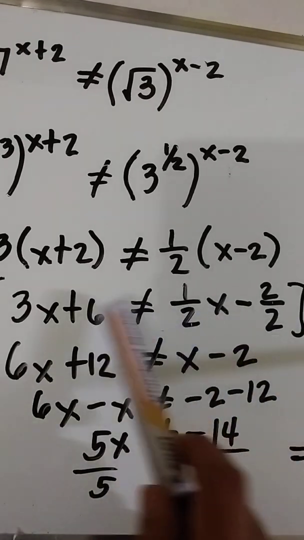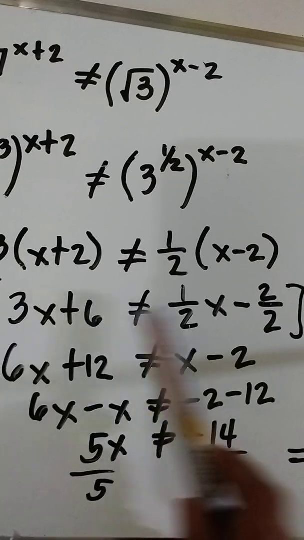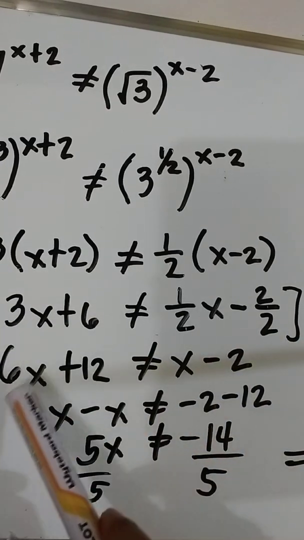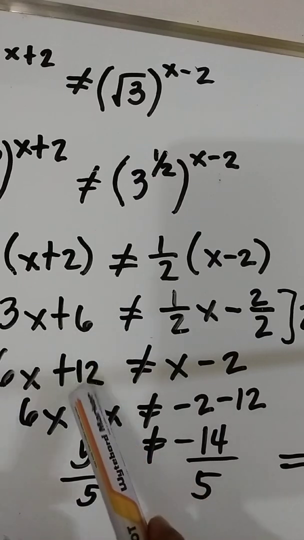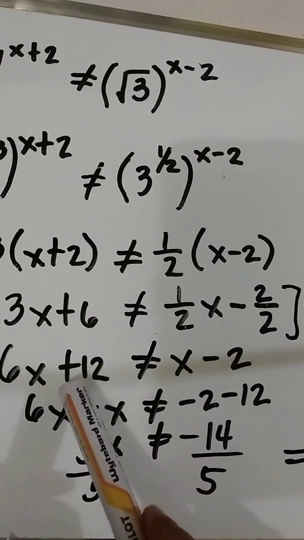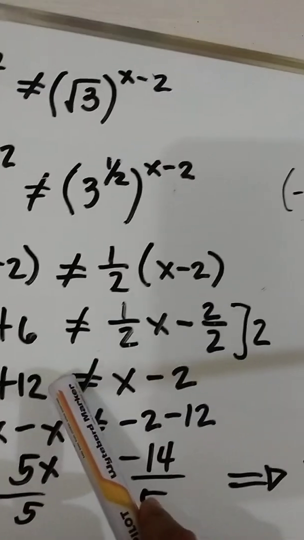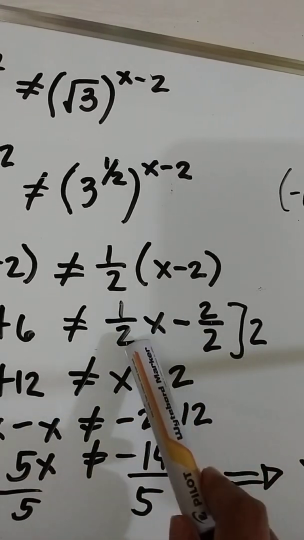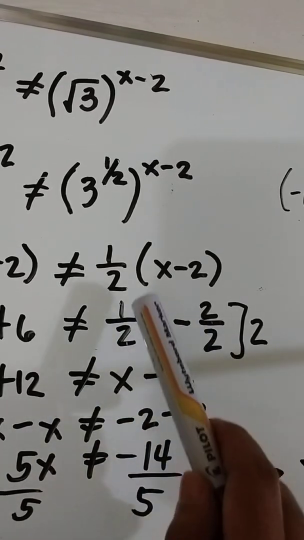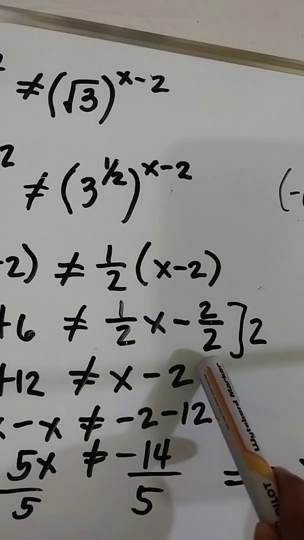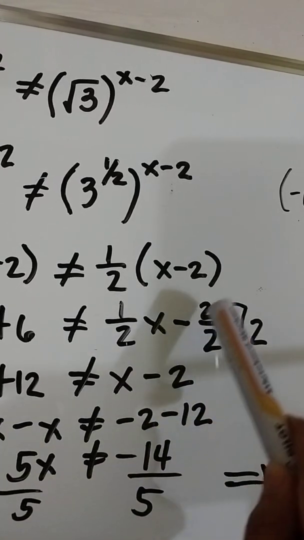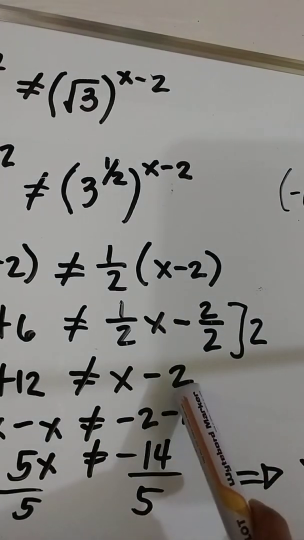First, we have to multiply this by 2. So, 2 times 3x is 6x. 2 times 6 is 12. So, 6x plus 12 is not equal to 1 half x times 2, that is 2 over 2x or x. Negative 2 over 2 times 2, that is negative 4 over 2 is negative 2.